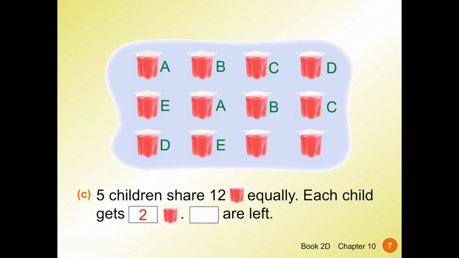So we know that we have two As. We also have two Bs. We also have two Cs, two Ds, and two Es. So each child gets 2 cups of Jell-O. And then we have these 2 cups of Jell-O left.